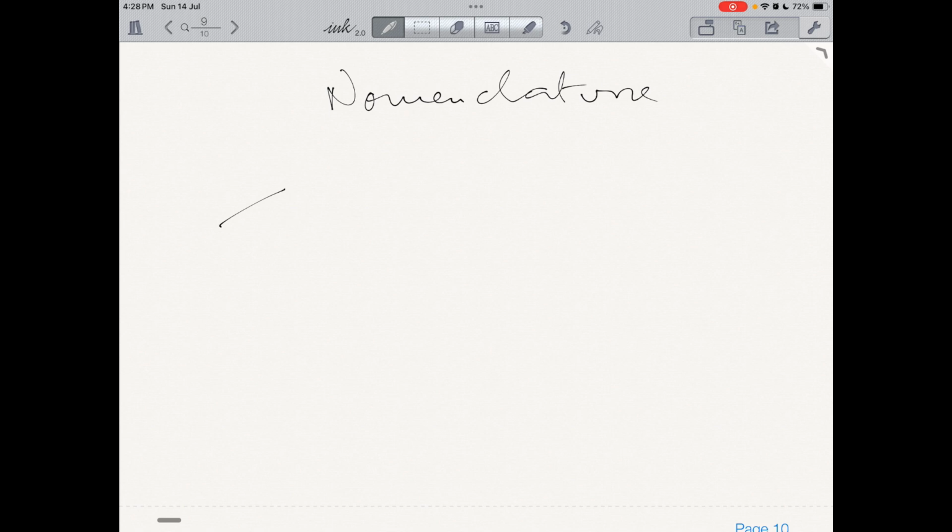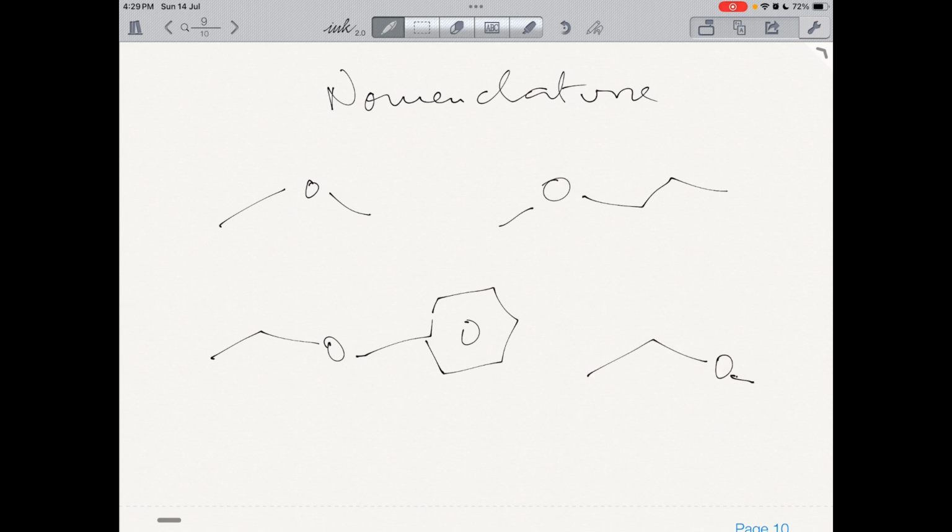If I have this, what does that mean? Can I start from here? So this is methyl and methyl. So you call this dimethyl ether.